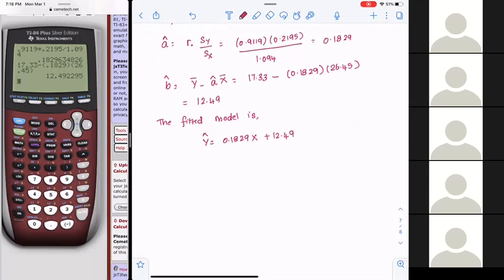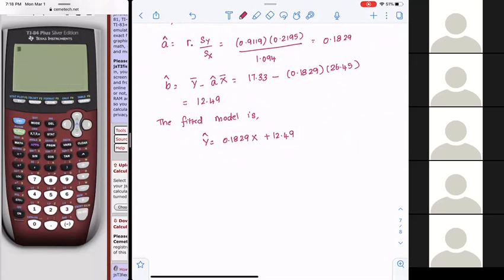Now, we did this entire process to come up with a linear regression model. But if you have the actual data, the calculator will make linear regression a bit easier for you. In what way? We have already entered the x values in list 1 and y values in list 2.